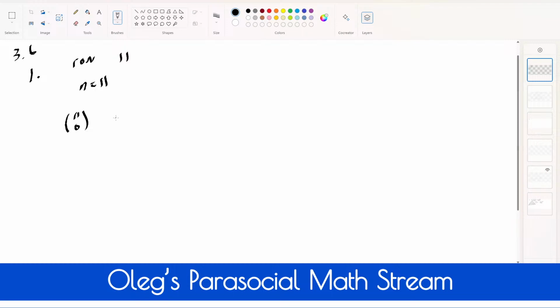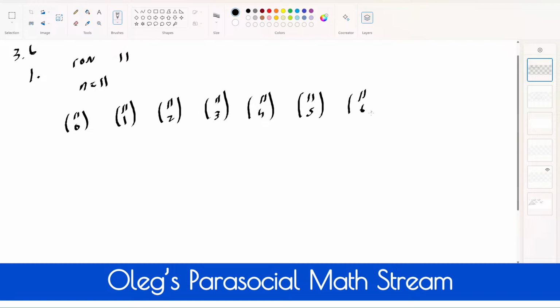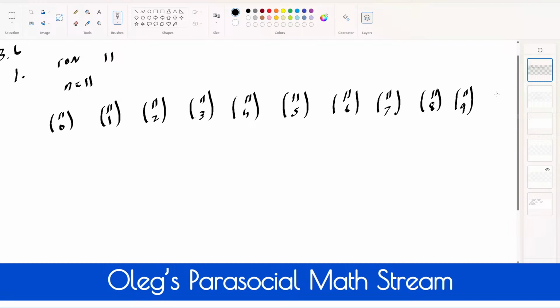and then we're going to go with 11 choose 0. Let's say 11 choose 1, 11 choose 2, 11 choose 3, 11 choose 4, 11 choose 5, 11 choose 6, 11 choose 7, 11 choose 8, 11 choose 9, 11 choose 10.